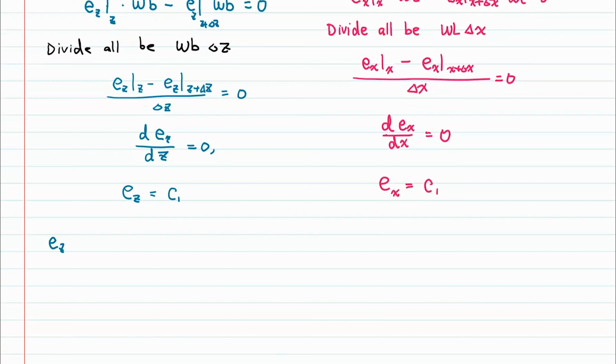So Ez would be what? It would be the convective energy transport, rho times one half v squared plus rho u, times vz, plus q, which is the flux, and plus work. So pi dot product with velocity in the z direction.